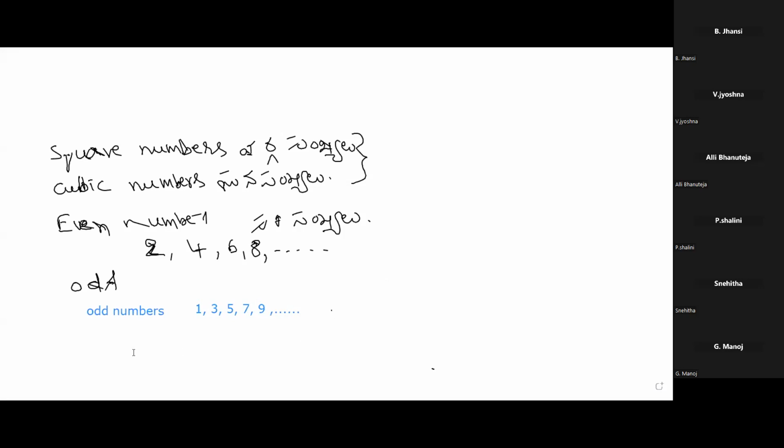And as you are already saying, prime numbers and composite numbers. What are prime numbers? 2, 3, 5, 7, 11, 13, 17, 19 etcetera. These are prime numbers. Okay, 1 is not a prime number.